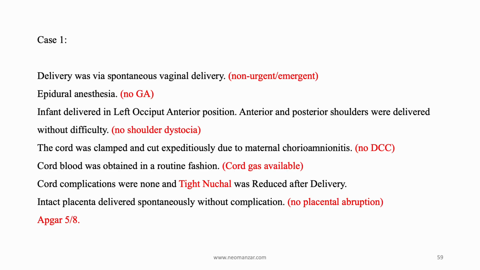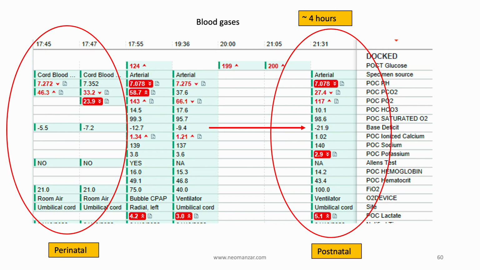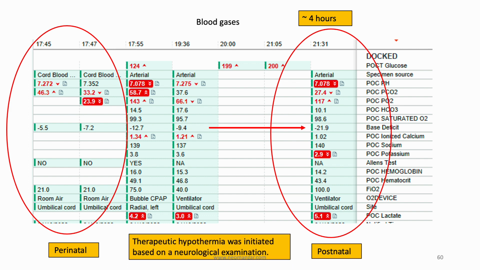This is the case presented, and a patient was depressed. There was a tight nuchal cord, and you can see the cord gas was not bad, but the arterial gas was bad. Based on this, would you start the patient on hypothermia? In this case, it was initiated based on the clinical assessment. Sometimes it's not only the cord pH; it's your assessment within 4 to 5 hours.